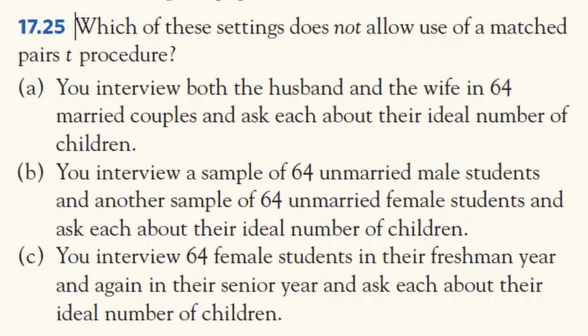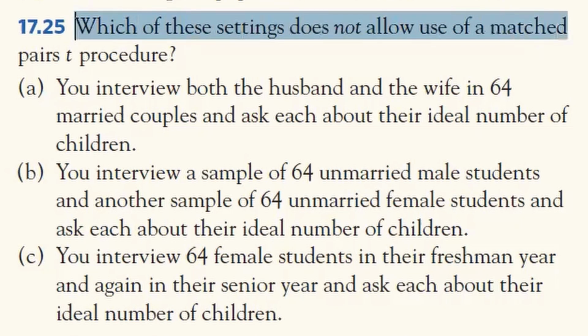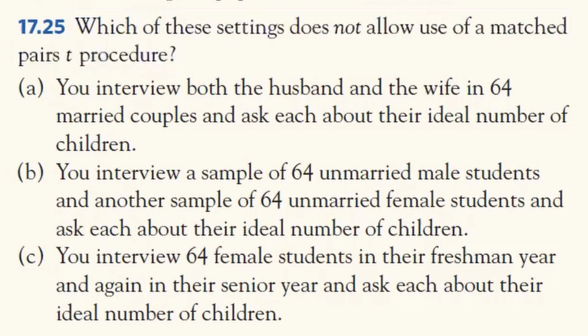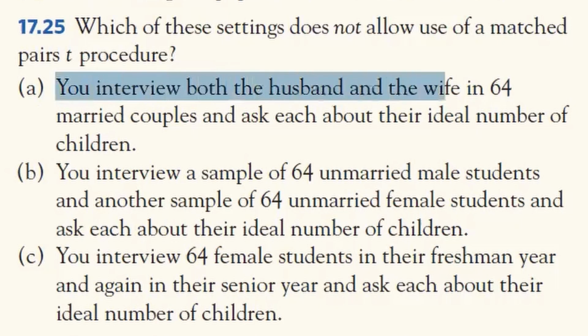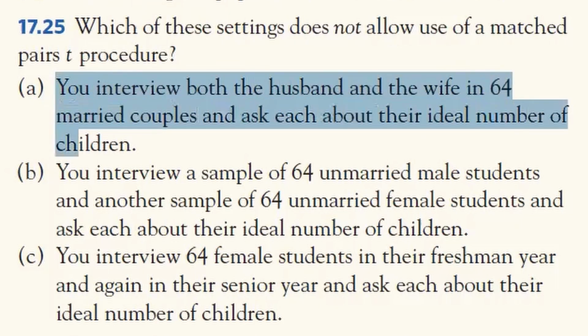This one should be familiar for you because we went over the matched t-test a lot, right? Which of these settings does not allow use of a matched pairs t-procedure? You interview both the husband and wife in 64 married couples and ask each about their ideal number of children.